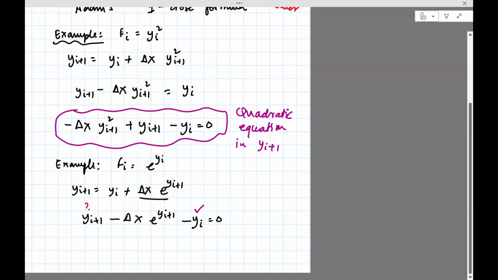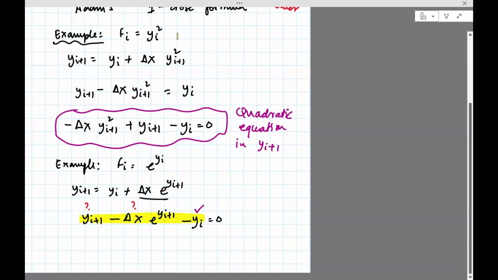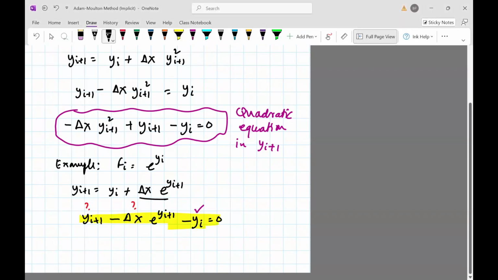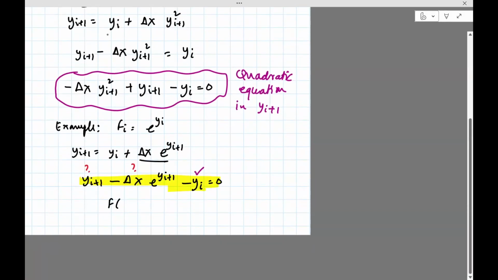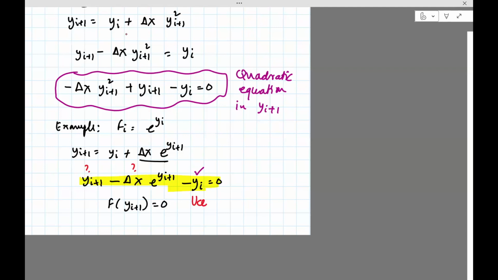These two are unknown. So if you take this equation, it will be something like f of y_{i+1} equal to 0. And then you'll have to do some kind of root finding, for example Newton-Raphson. So use Newton-Raphson, solve for y_{i+1}, and then you can proceed.